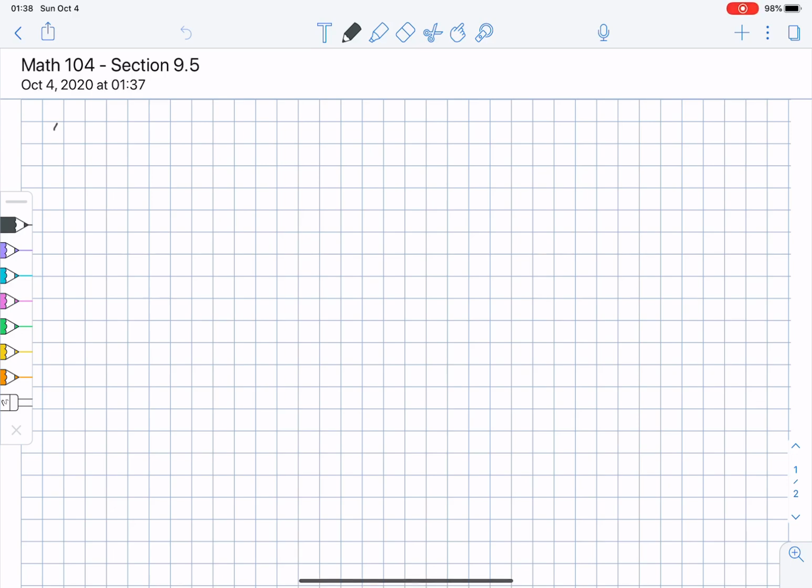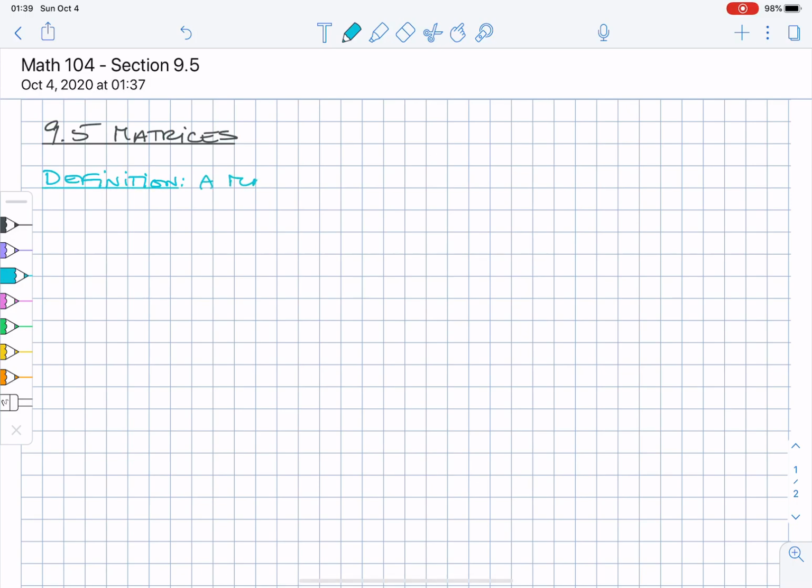Okay, so welcome to section 9.5, which is matrices. Okay, so definition. What is a matrix?